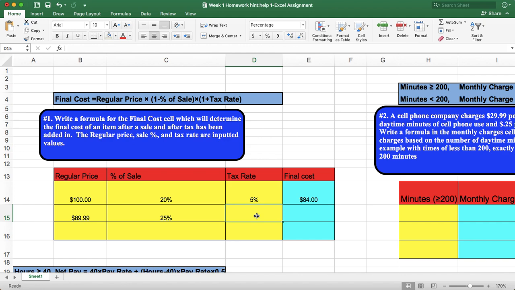The tax rate may be a little more complicated, 4.35. So, let's give this number 2 decimal places.